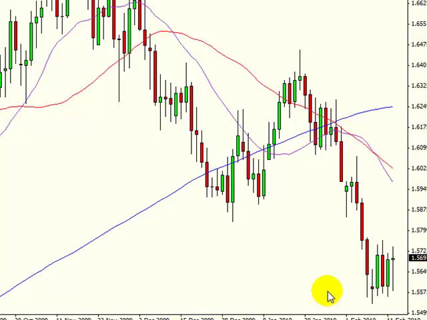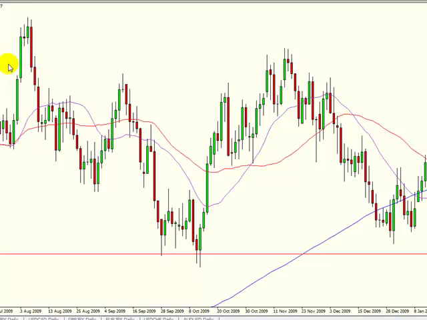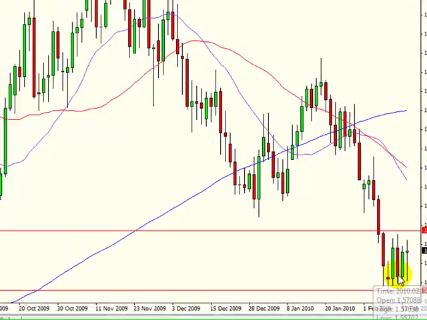However, there is no direction at this time. We are currently pausing for 5 days in a very tight range. The range that we are currently in is in the 157 to the 155 area. It's a 200 pip range. To determine the trend on this pair, we will have to see the price break out of this current range.